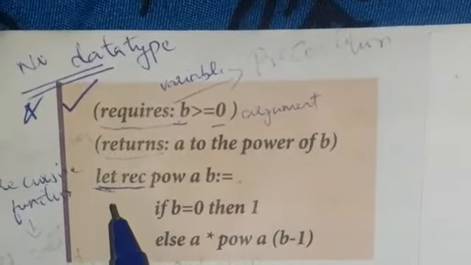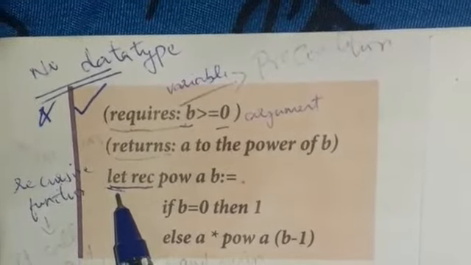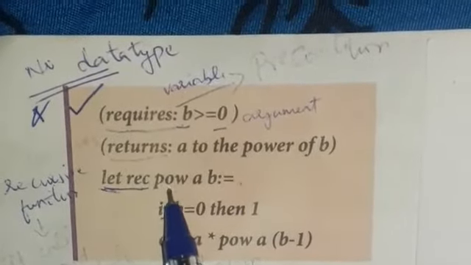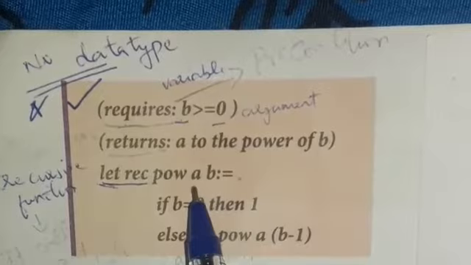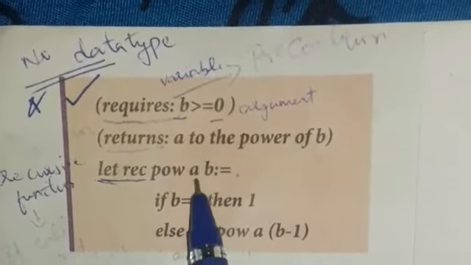Here let is the keyword used for creating a function. REC is the name of the function. Power of A, B: they are finding the power value of A and B. Here A, B are the variables. They didn't specify what type of data has to be used.